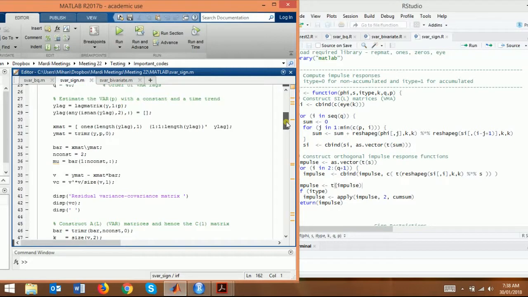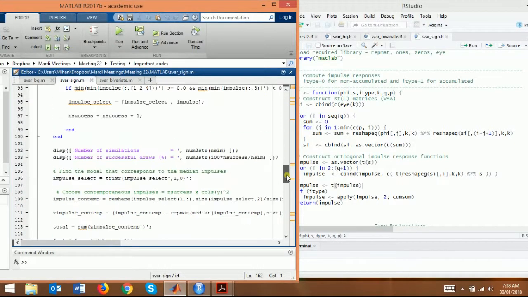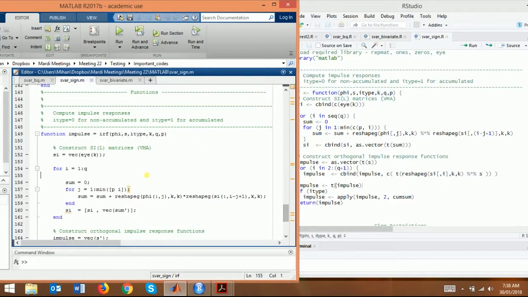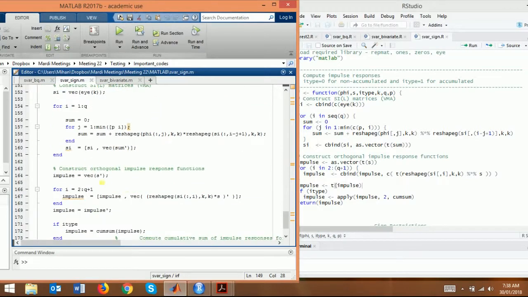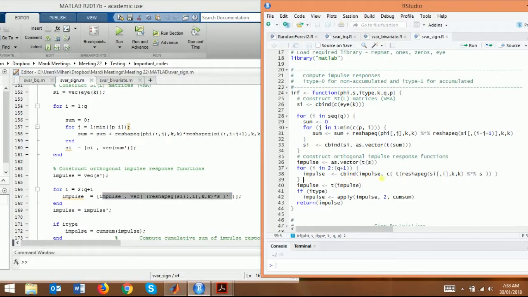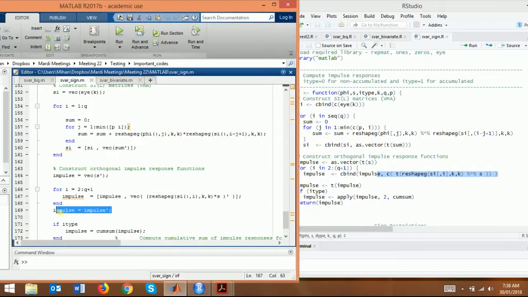S is given to us, isn't it? Oh no, this is a function, so even if you don't have S, it's fine. S transpose, so this is the regular impulse function. We're familiar with this. So now we have taken all the elements of S, taken transpose of it.